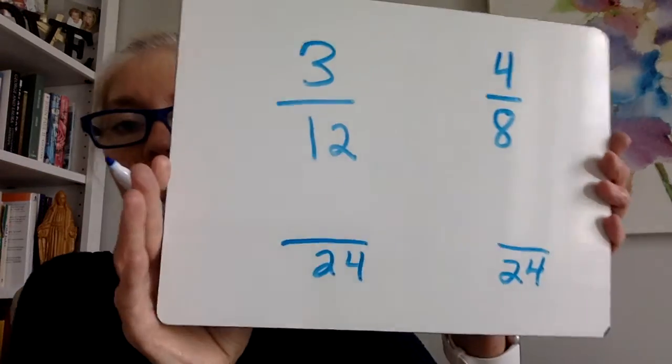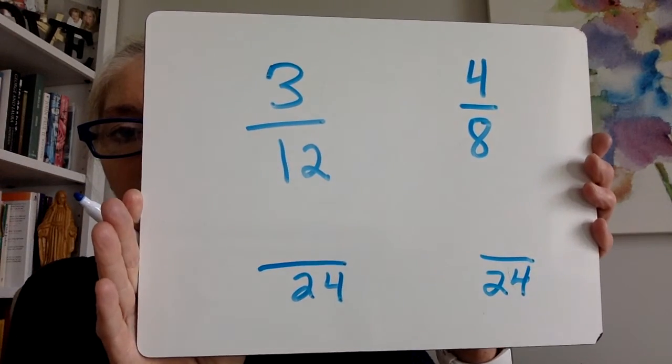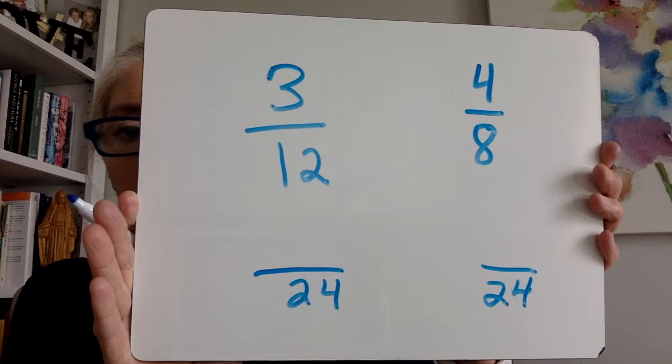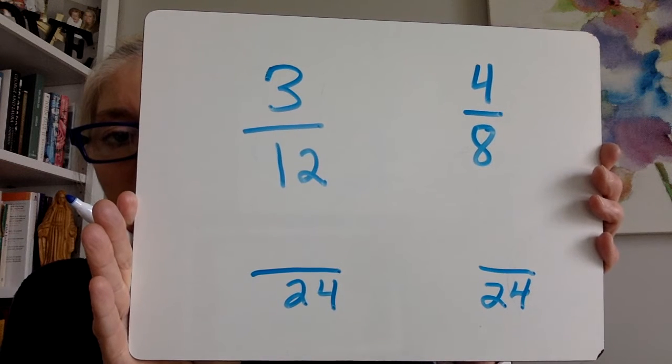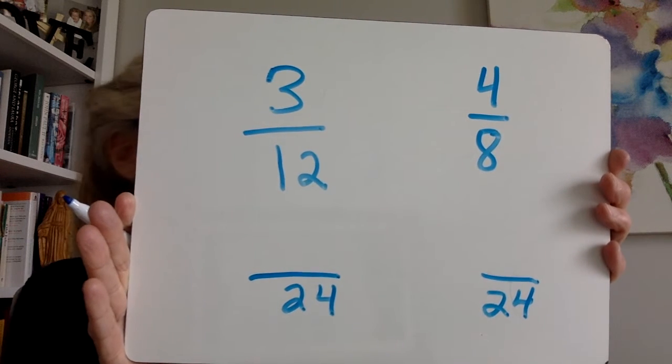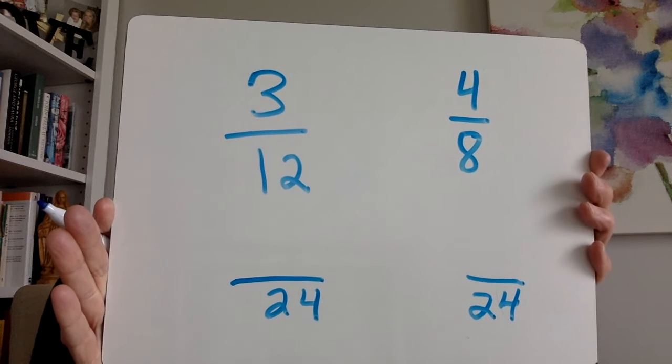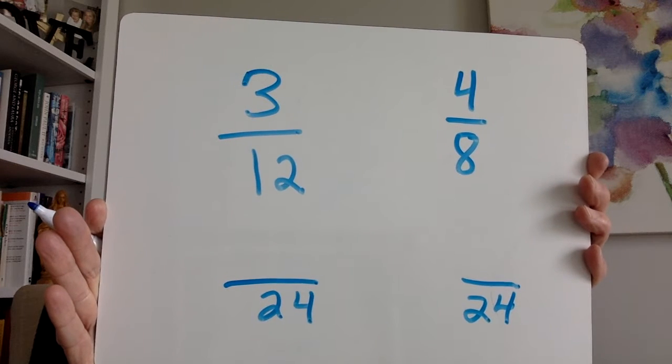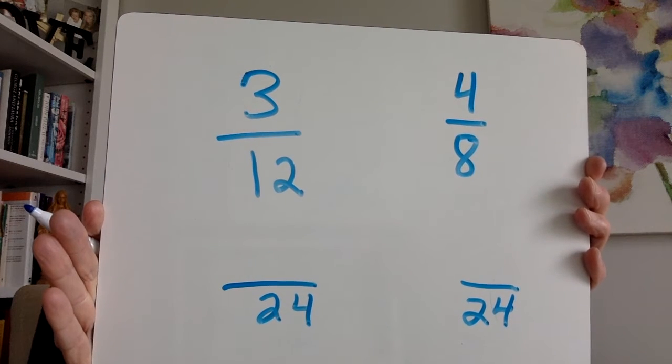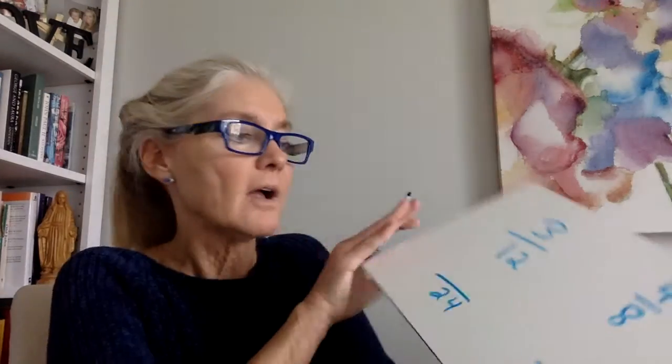So I'm going to make a denominator at the bottom for both fractions that's 24. Now, how do I turn 12 into 24? To make 12 into 24, I have to times it by 2.